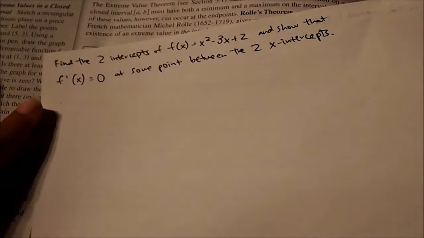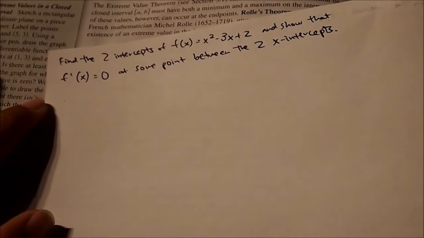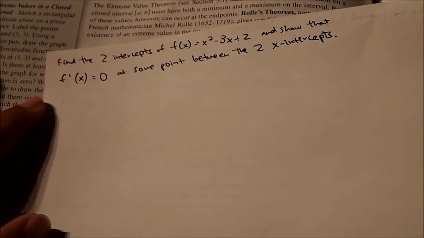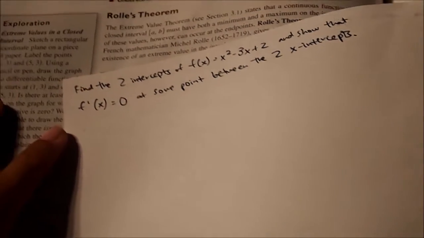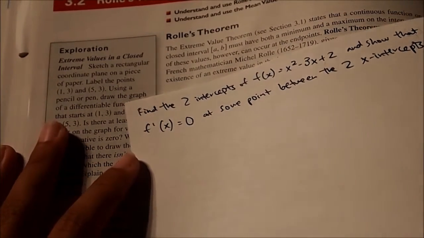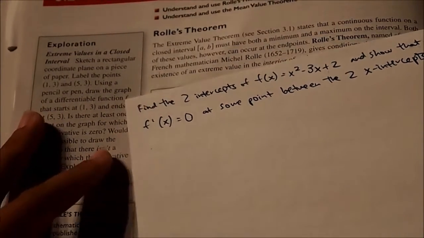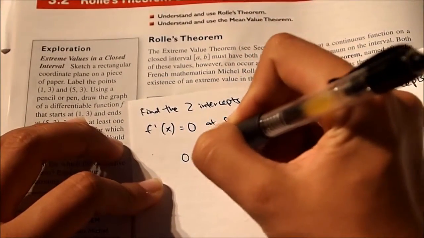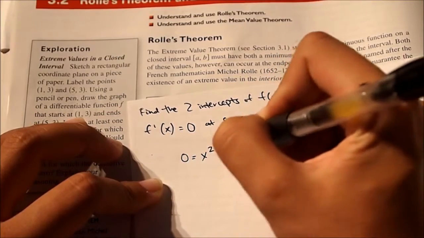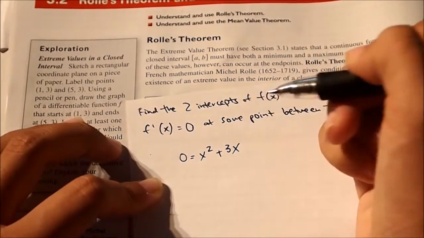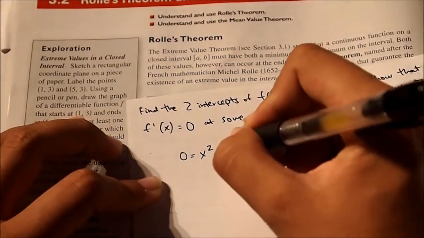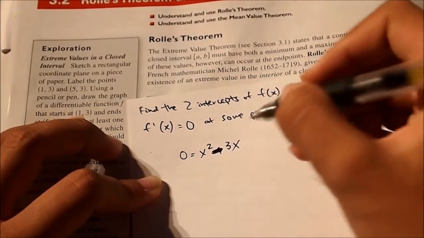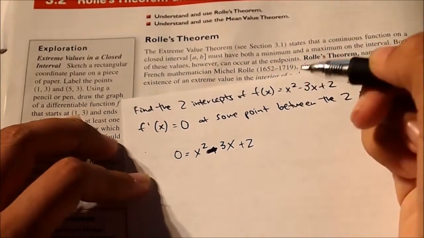So first, you have to find the two intercepts of the function. You set the equation equal to 0 because those are the zeros, or the x-intercepts. For x-intercepts, y is equal to 0. So 0 is equal to x squared minus 3x plus 2.